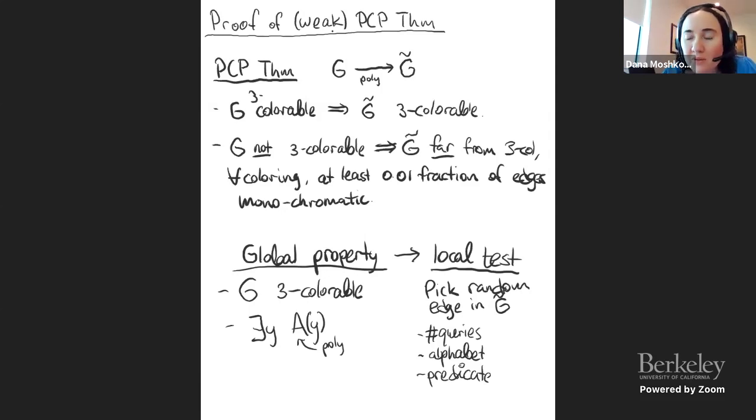It's not going to be a polynomial time transformation today, just a random edge is going to be generated in polynomial time.